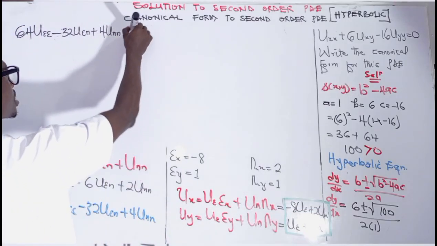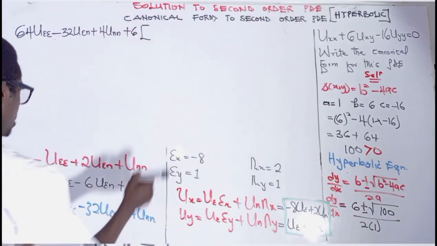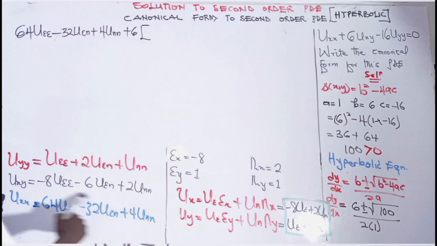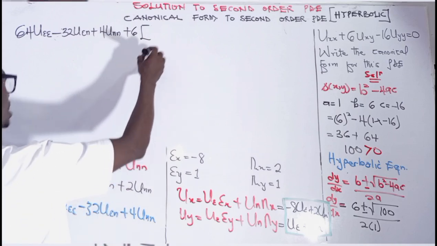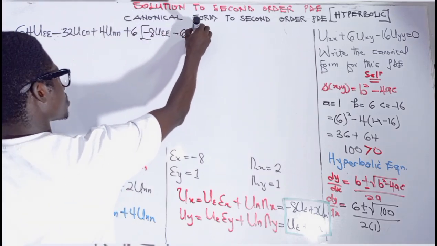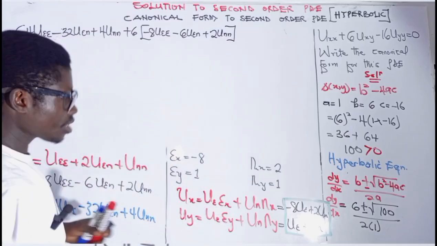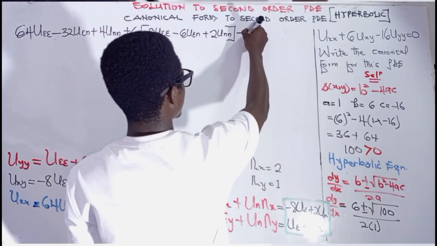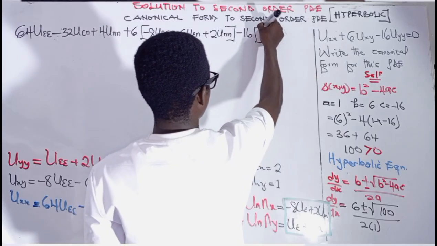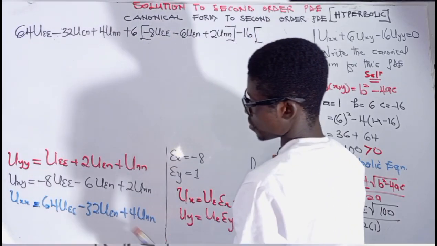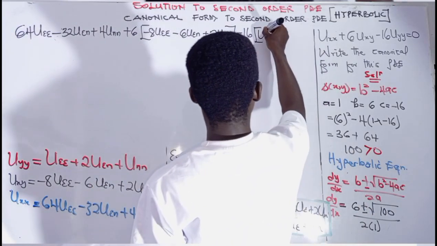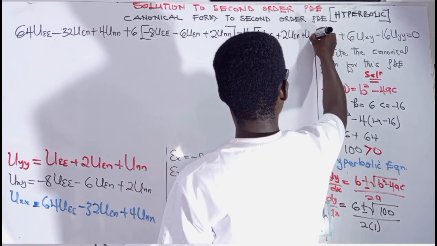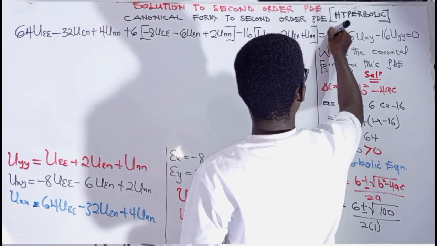So we have the constant 6 multiplying uxy, and we have the expression for uxy, which is this. We are going to write it there. Then move on to the last one, minus 16 uyy. We write the expression for uyy, which is this, is equal to what? 0.